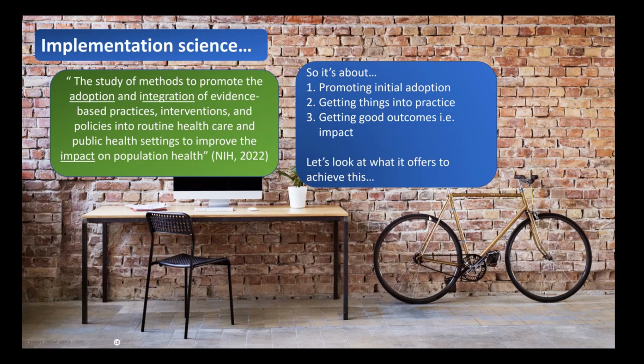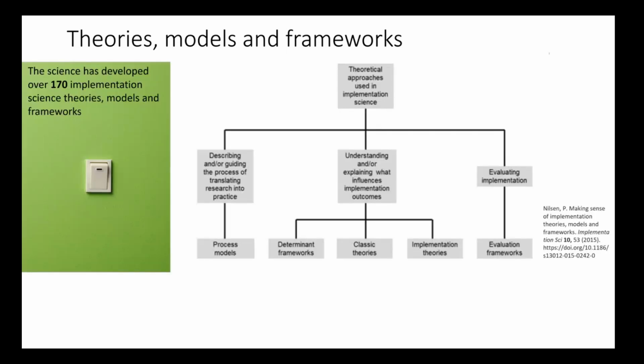So let's look at what it offers to achieve this. I'm doing a very quick whistle-stop tour, just to give you an idea for those that aren't perhaps so familiar. One of the main things the science has offered over the last 20 years, it's quite a new science, has been theories, models, and frameworks. This is quite a well-known paper from Nilsen, 2015, and they cut down the frameworks, and there are three main types.